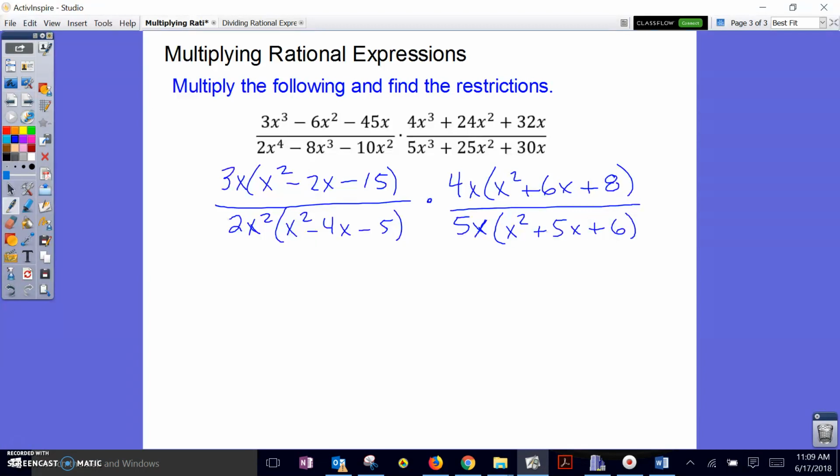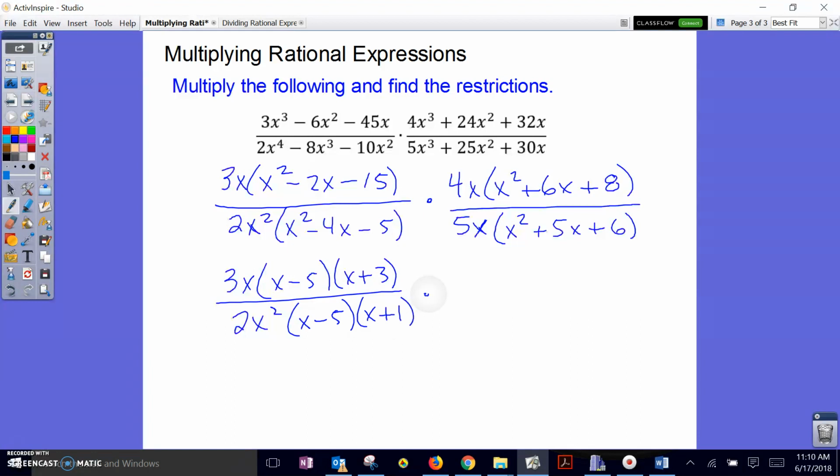And now I want to factor the remaining polynomials in all of these. So I've got 3x times x minus 5 times x plus 3. I've got x minus 5 times x plus 1. Got x plus 4 times x plus 2.